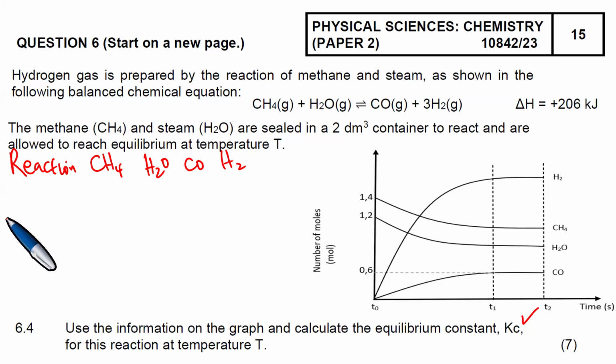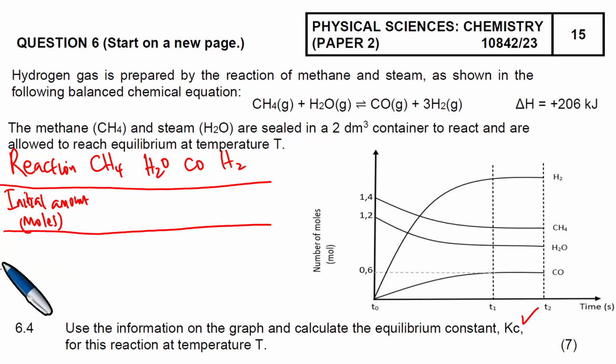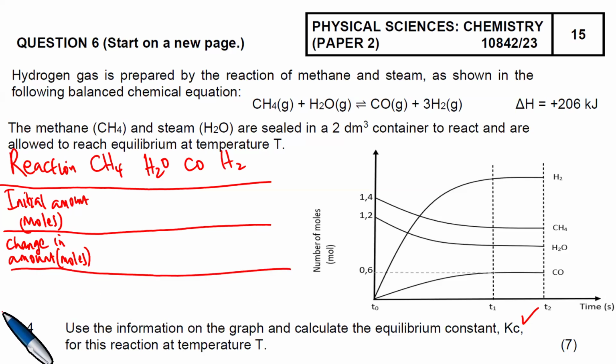And then you'll have what we call the initial amount in moles, the change in amount in moles, the equilibrium amount in moles, and the concentration at equilibrium.